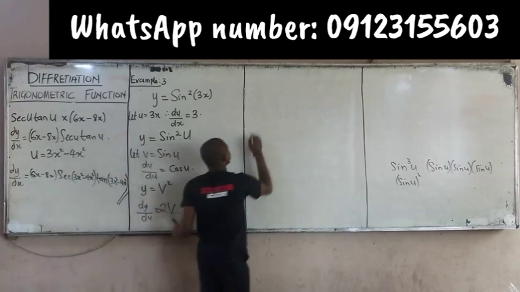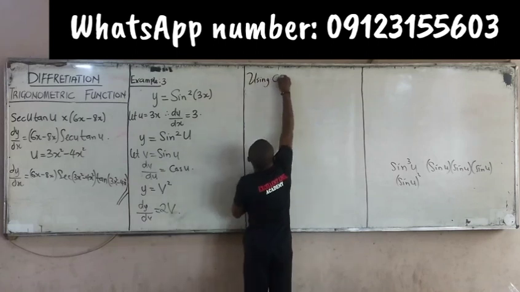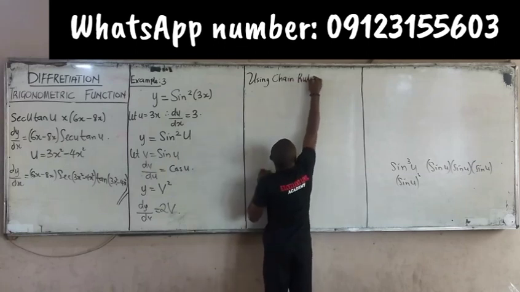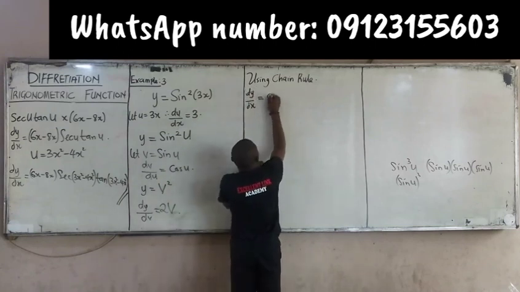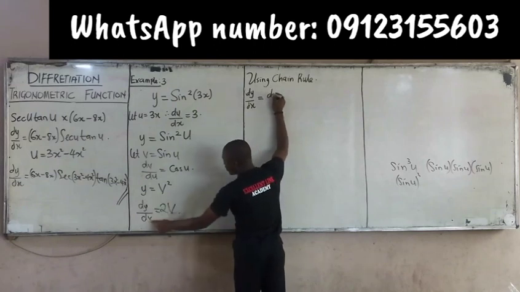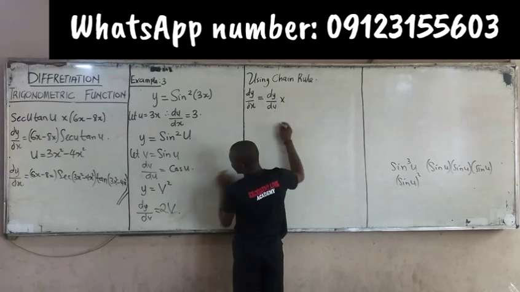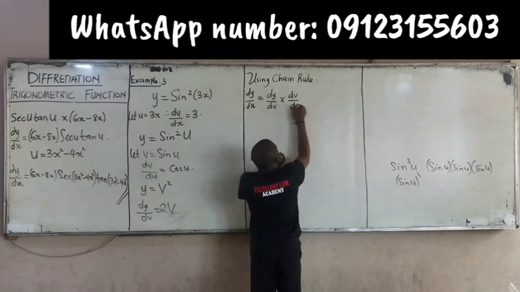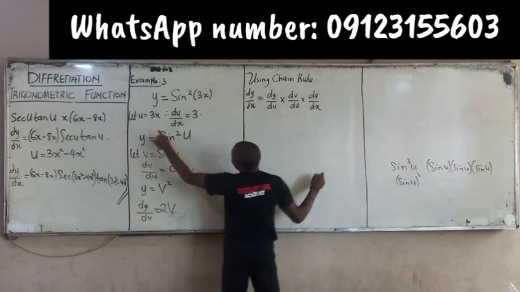So using the chain rule, dy/dx is equal to dy/dv multiplied by dv/du multiplied by du/dx, which is obviously this.